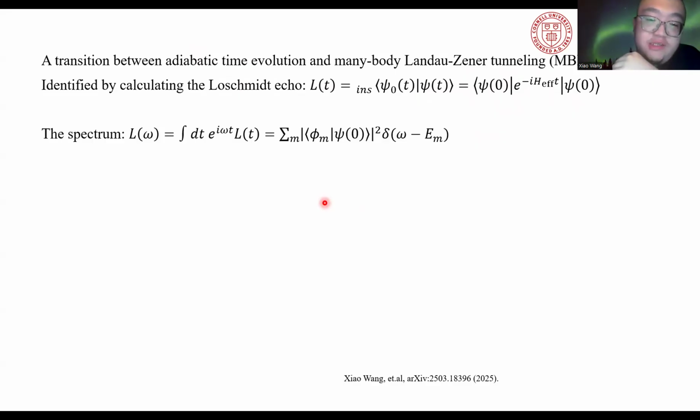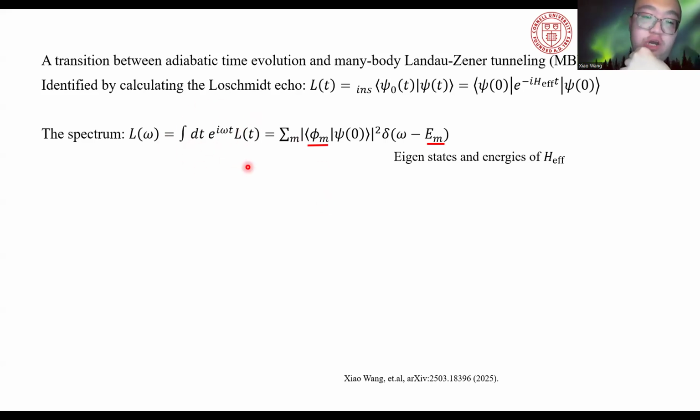In this case, we can introduce the spectrum of the Loschmidt echo. If we do a Fourier transformation of the time-dependent Loschmidt echo, we will obtain the corresponding spectral weights as a series of delta functions, where once the spectral weight is not equal to 0, there will be a delta function peak in the frequency region, showing that there are contributions from the initial wave function to the eigenstates of the instantaneous Hamiltonian.